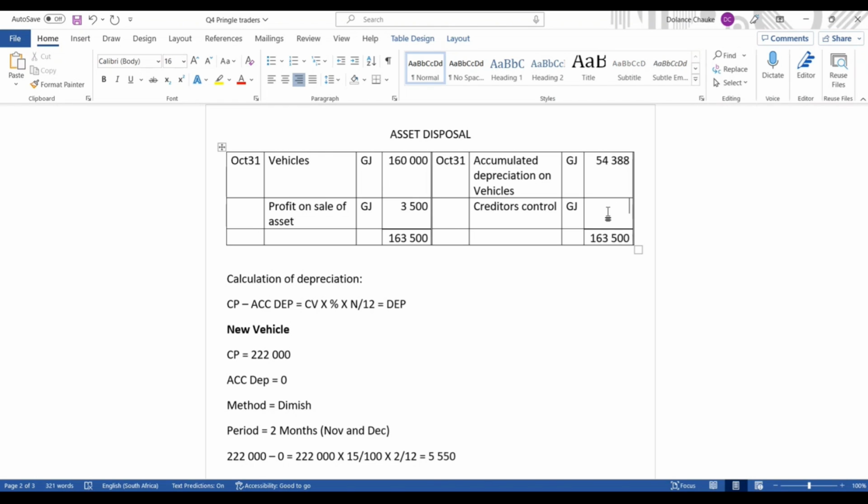It's 109,112. Right. Then that is our asset disposal. That's correct. We're done.